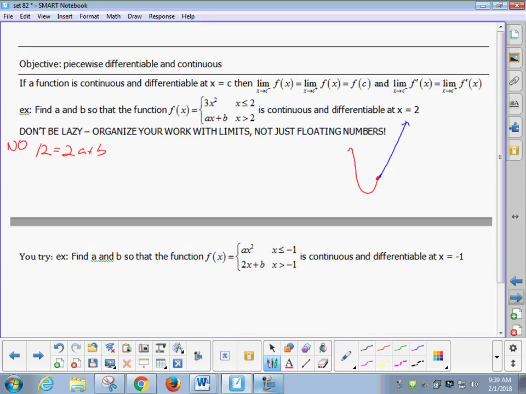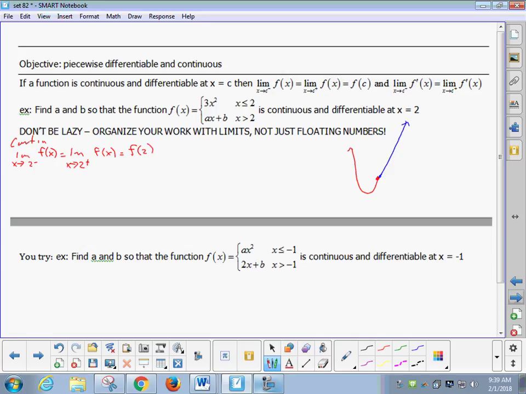But if this is homework or free response, your work should say, for continuity, the limit as x approaches 2 from the left, you could either call it f or use the branch, needs to equal the limit as x approaches 2 from the right. Needs to equal f at 2, yeah? That is the requirement for continuity.